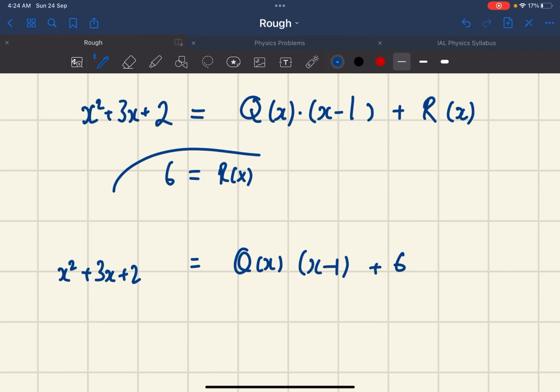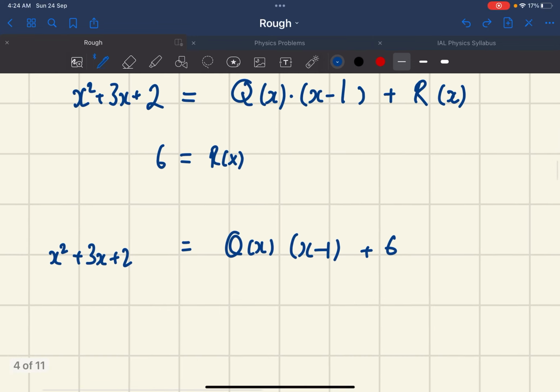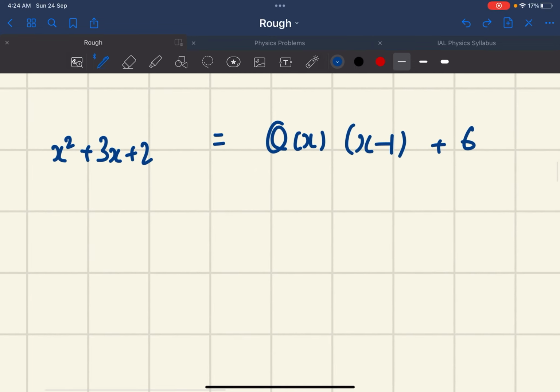Since this is the smallest possible r with the smallest possible degree, polynomial degree, meaning that the x power here is the smallest, we need to find q now and see if it's possible to find q(x), or else we may need to change our remainder to a higher degree polynomial.